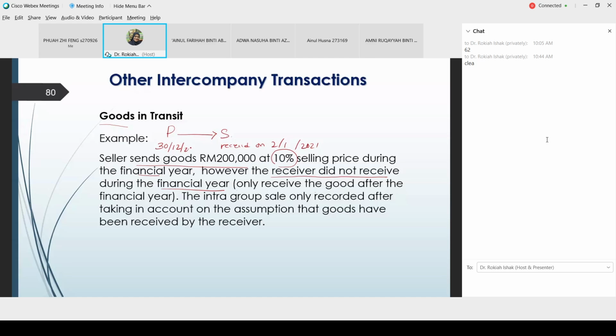This one is 2020. So for the parent, they send the goods, reduce the inventory, and they assume that the subsidiary is going to receive that inventory. The intragroup sale is only recorded after taking into account the assumption that the goods have been received by the buyer.